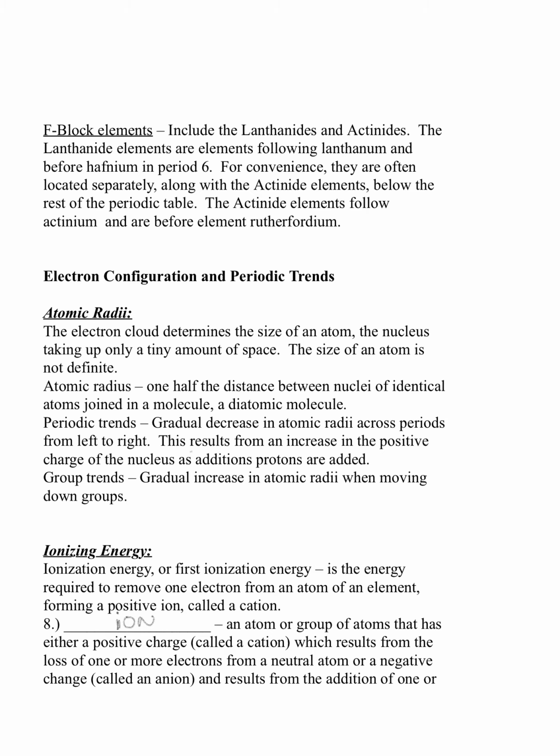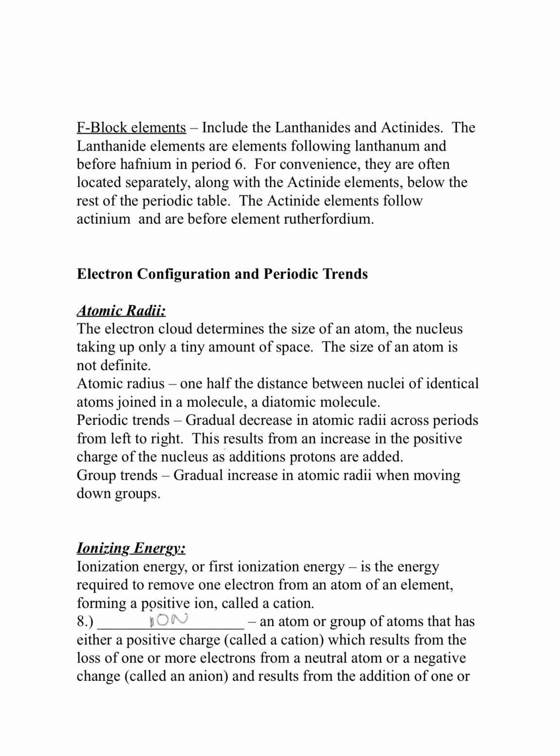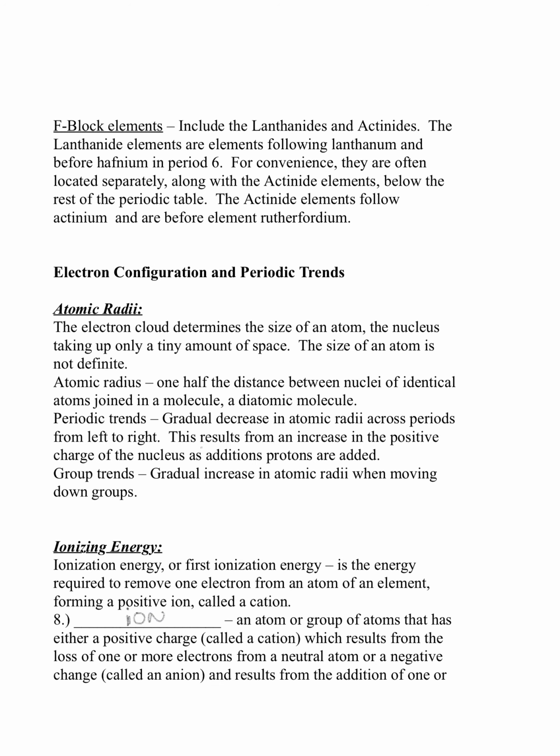So now let's look at ionization energy. Ionization energy, or the first ionization energy, is the energy required to remove one electron from an atom of an element, forming a positive ion called a cation. If you recall, an ion is an atom or group of atoms that has a positive or negative charge.